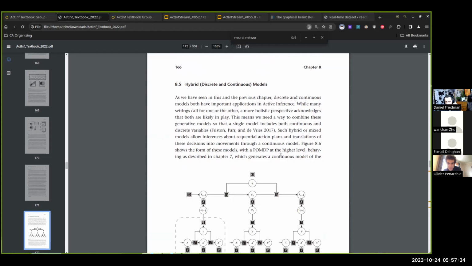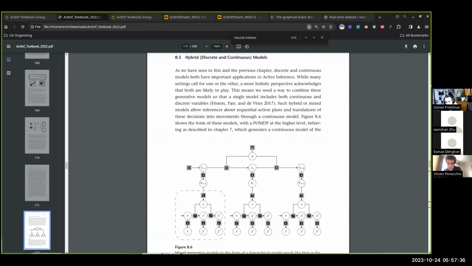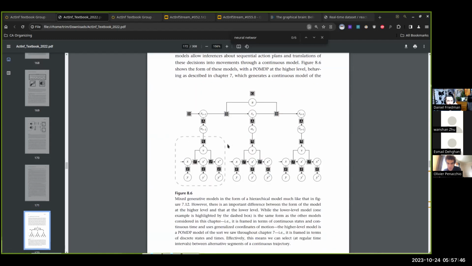Then in the close of the chapter, they introduce the kind of folk psychological model explored in livestream 46 that we discussed earlier, where we have a continuous time sensorimotor actuation as a leaf in a higher order discrete time model.